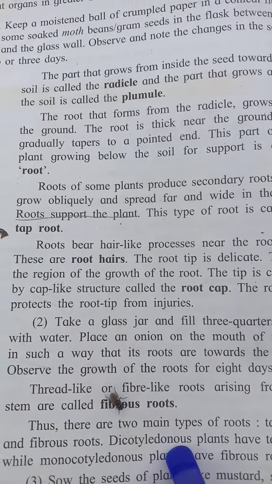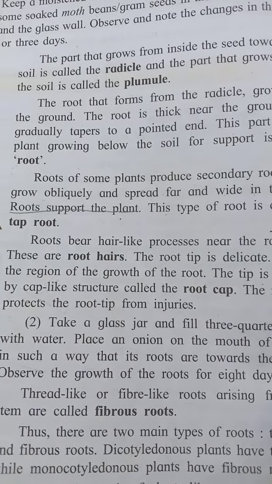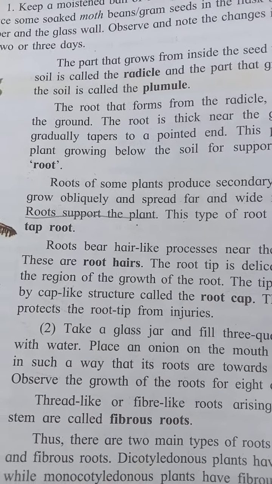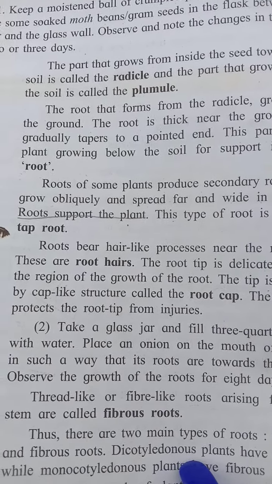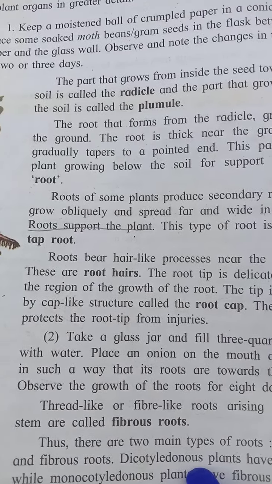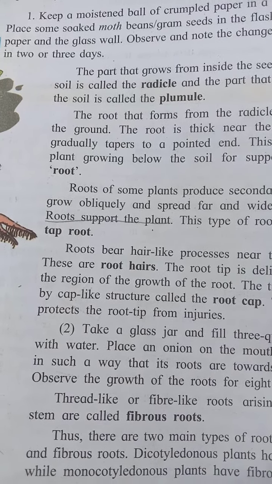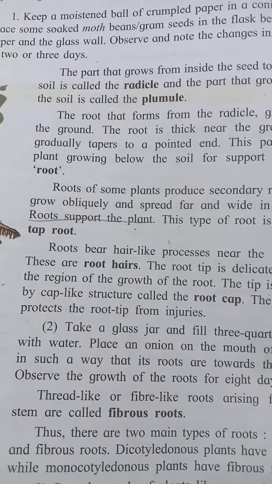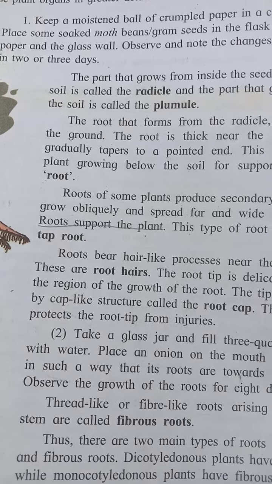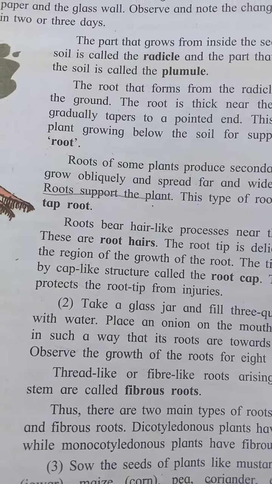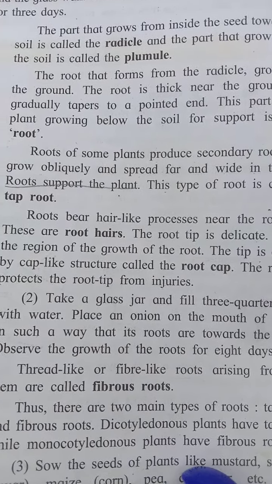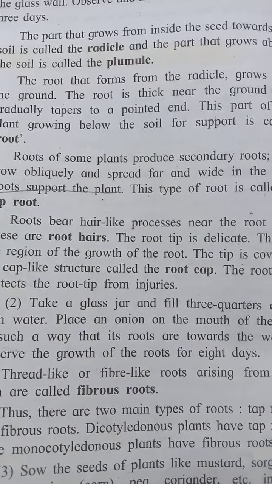Dicotyledonous plants are those whose seed is divided into two parts. For example, coriander, moth and gram seeds are dicotyledonous plants, while monocotyledonous plants have fibrous roots.